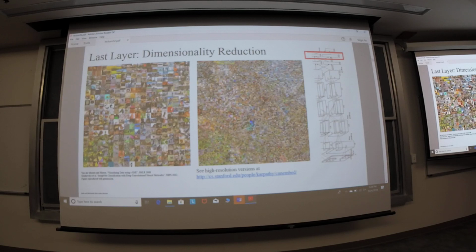This is another example. Over here, we take the input images and pass them through the network till the last layer, which gives us a 4096-dimensional feature vector, and then we map those 4096-dimensional feature vectors to a two-dimensional space. Then we try to understand whether similar images map to the same or closely located points in the 2D space or not.